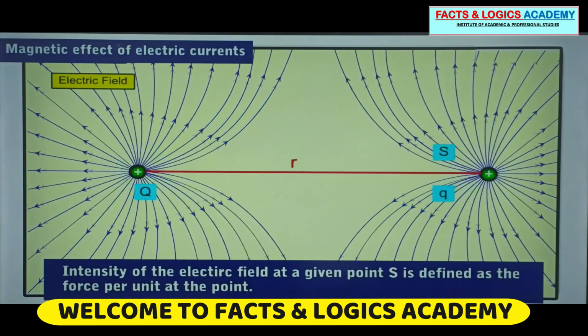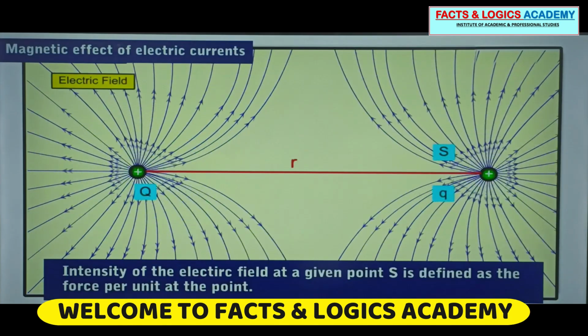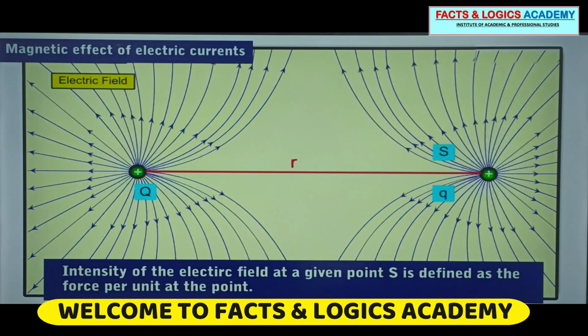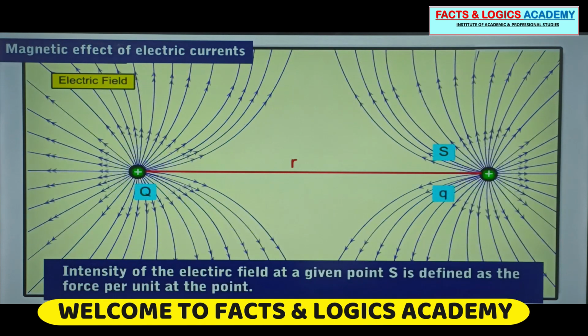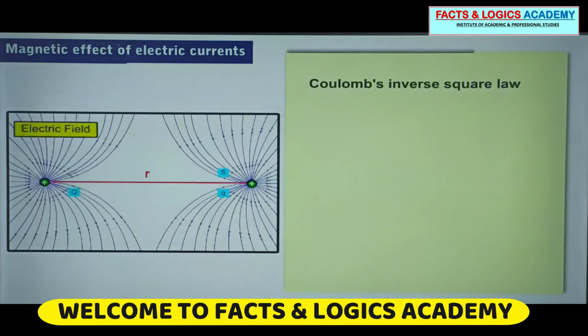Then, the intensity of the electric field at the given point S is defined as the force per unit charge. According to Coulomb's inverse square law, the force between the two charges is F = Qq r cap divided by 4 pi epsilon naught r square.